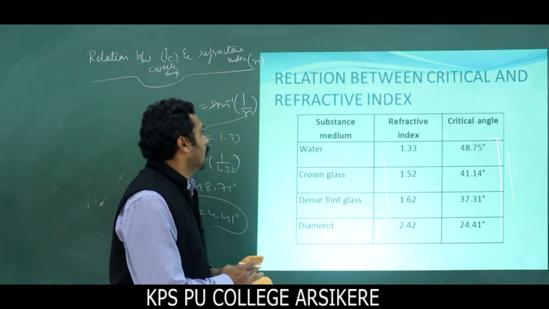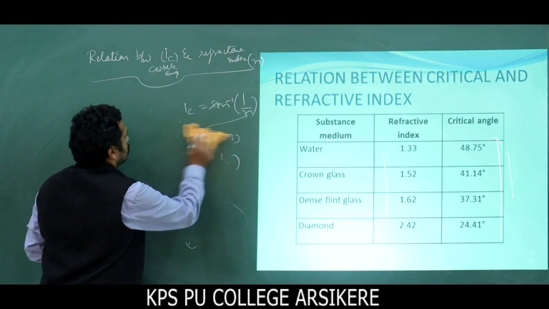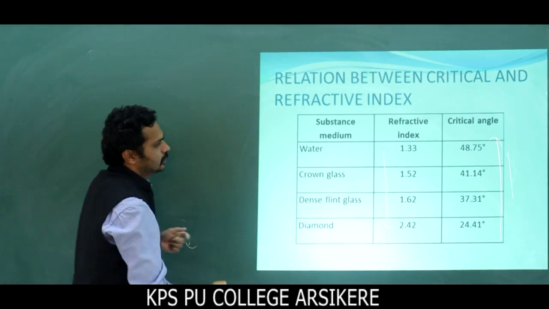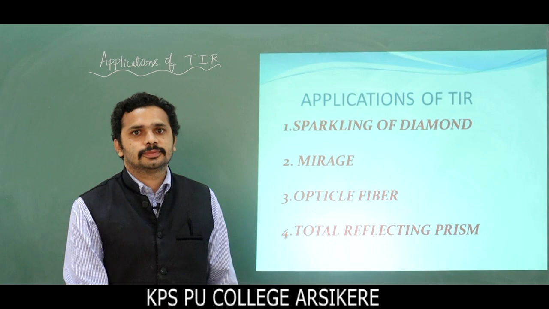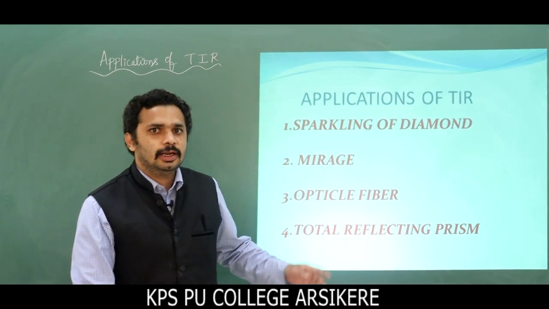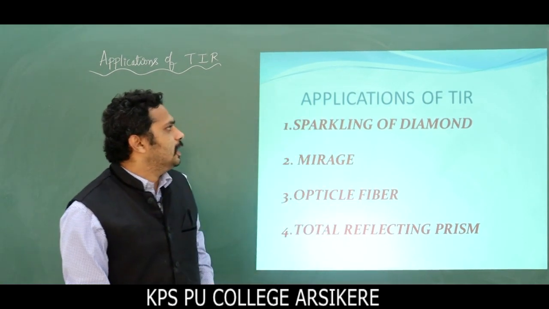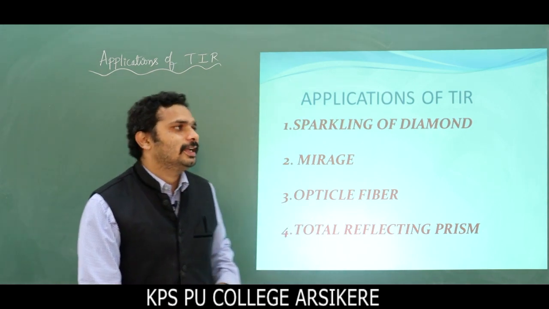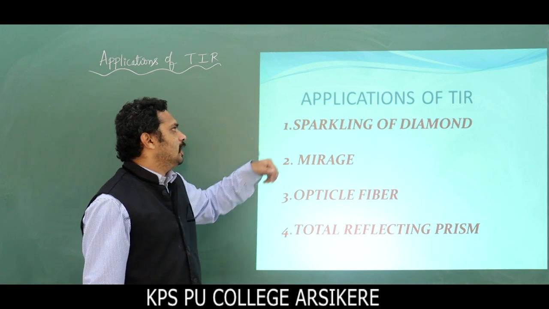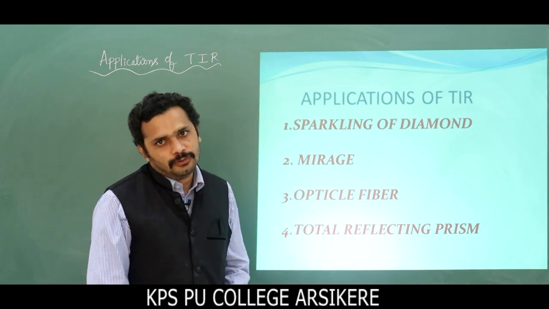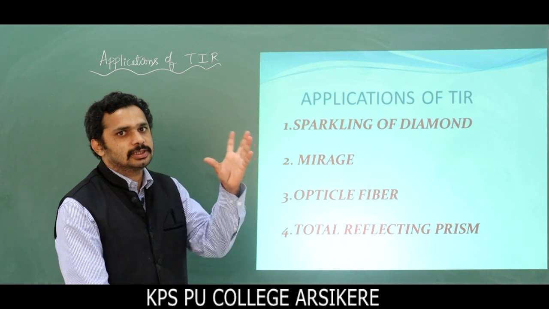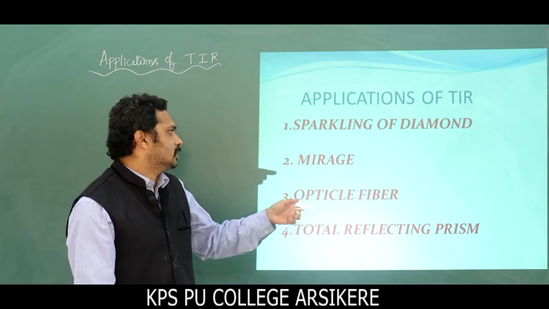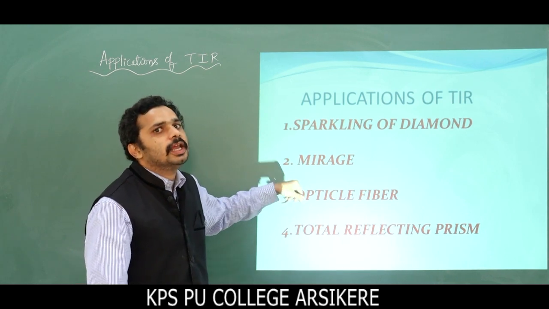Now next are the applications, or uses, of TIR. Dear students, let us discuss the applications of total internal reflection of light, TIR. The first application is the sparkling of diamond. We will discuss what the sparkling of diamond is and what the principle behind it is. The second application is mirage.